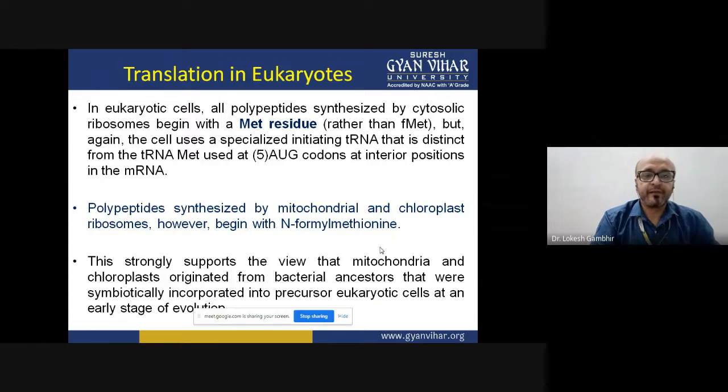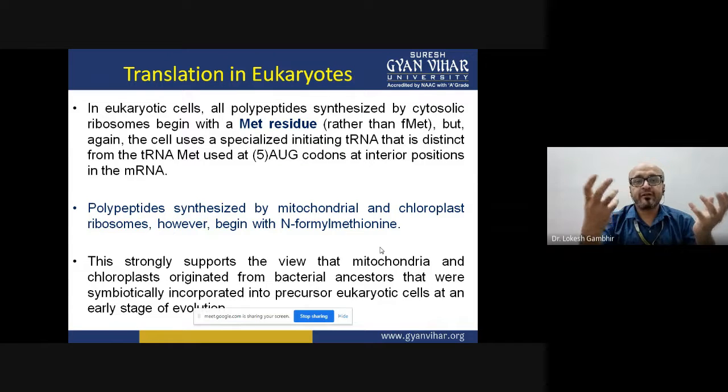So when we are talking about the translation in eukaryotes, first of all, it should be very clear in mind that when we had discussed prokaryotic translation, we had clearly established that the first amino acid residue that starts this process is formylated methionine, and there is a specific tRNA molecule which recognizes this formylated methionine, which after joining is called formylated methionine tRNA.